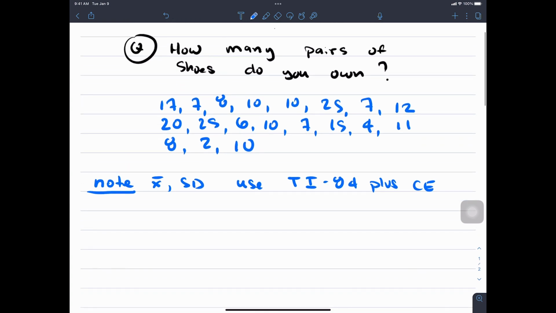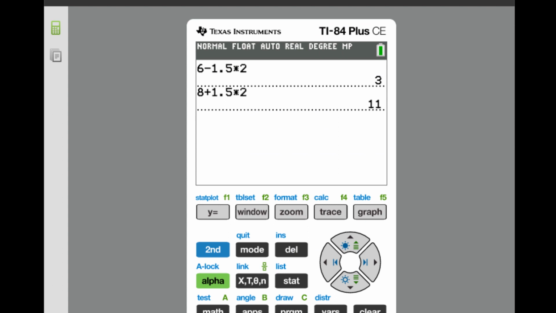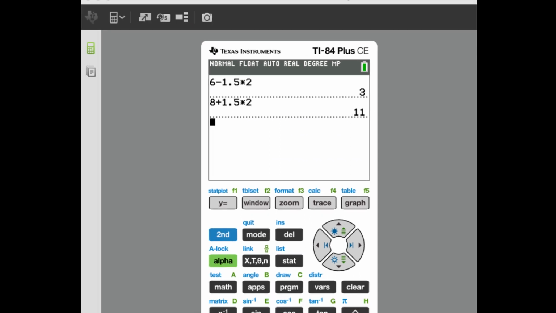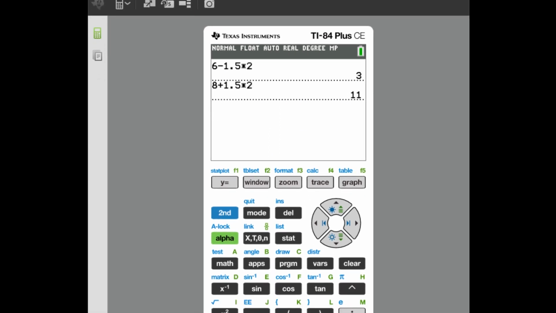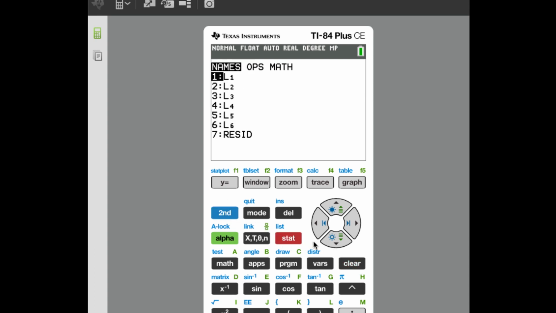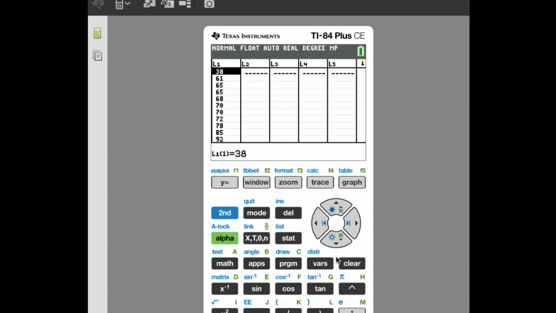Okay, how many pairs of shoes do you own? A great question. So let's go to the TI here, because it's a good way to review some of these things as well. And I'm going to go stat. Stat, edit. So we're going to enter this data, right?